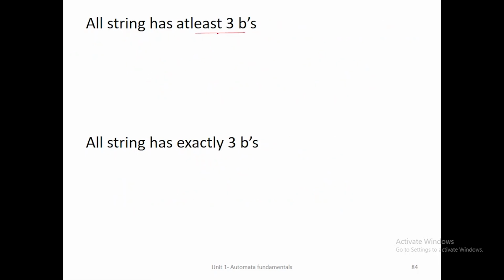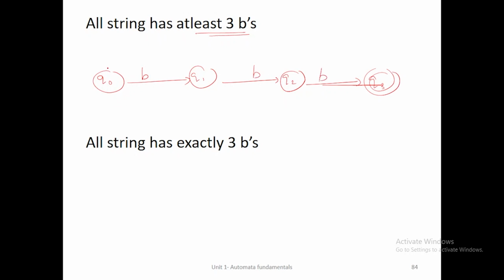And all strings with at least 3 B's. So 3 B's means there may be the possibility of 4 states. So these are all 4 states and the condition is for B. At least 3 B's, then the remaining symbols may be either A or B, this one A or B, this one A or B, and this one A or B, because the minimum is 3 B's.